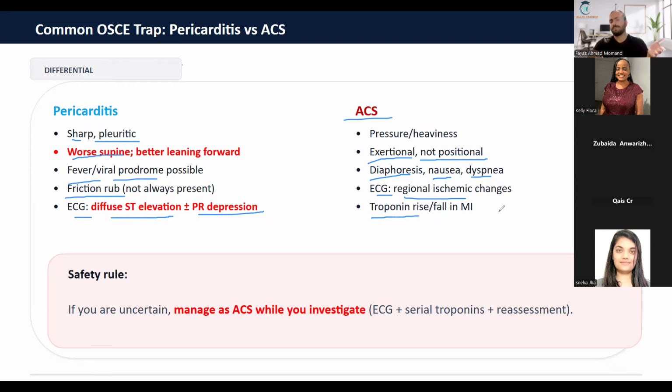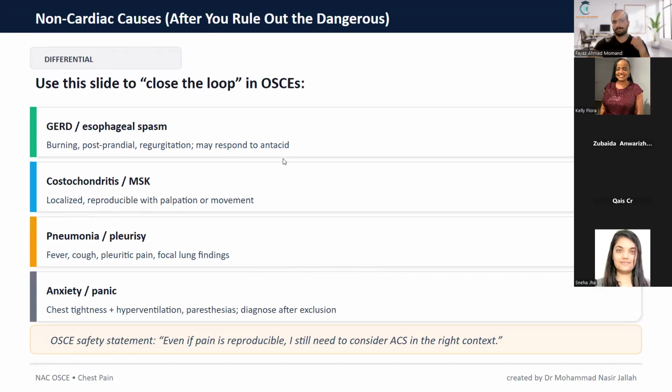Troponin rises and then falls in myocardial infarction, but in pericarditis, it may not rise. For safety, if you're not sure whether it's pericarditis or acute coronary syndrome, manage it as acute coronary syndrome while you investigate, and once you determine that it's not acute coronary syndrome, you can lean towards pericarditis treatment.